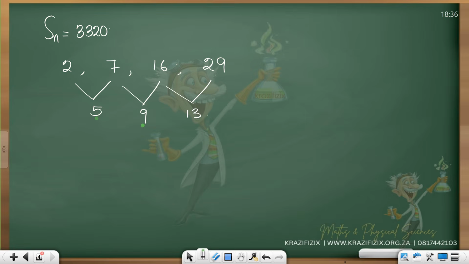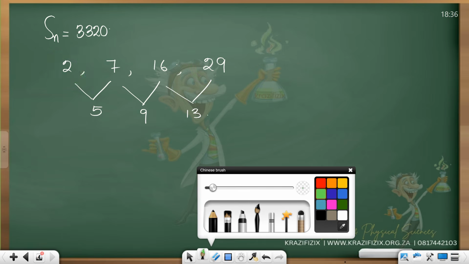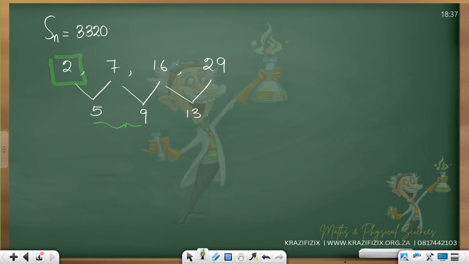Look, are you aware that, what is 5 plus 9? What is 5 plus 9 plus 13? It's 29. Oh, 5 plus 9 is 14, right? Now, plus these 2. I'm not going to write my first difference, but what is this?